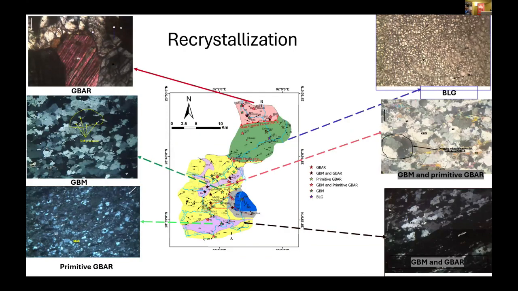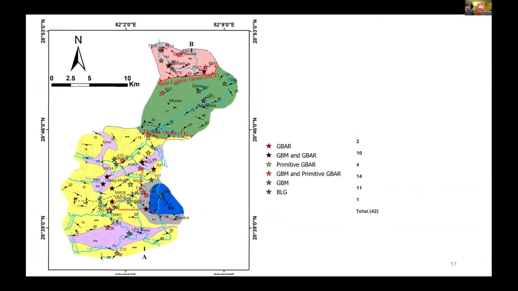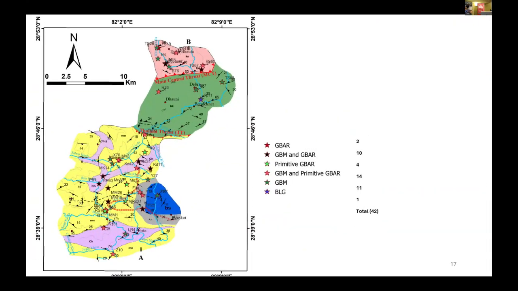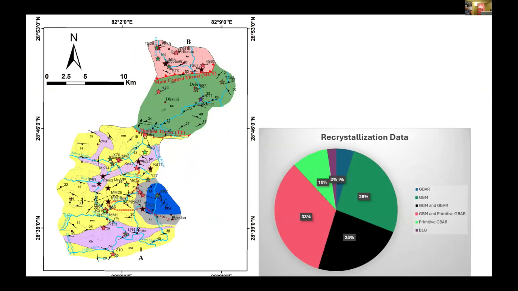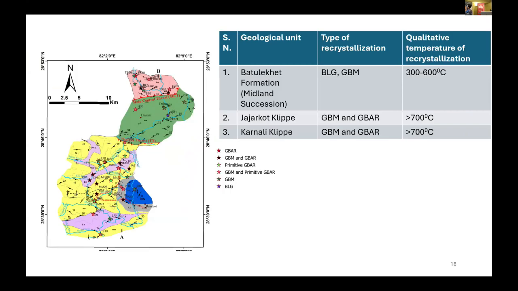We observed different types of recrystallization there, but predominant is a high degree of recrystallization, and we found the rocks, most of them, recrystallized at high temperature. This autochthonous unit has a low degree of recrystallization, around 300 degrees Celsius, and it increases while moving toward the thrust sheet, but the rocks of Karnali Klippe and Jajarkot Klippe are recrystallized up to 700 degrees Celsius.